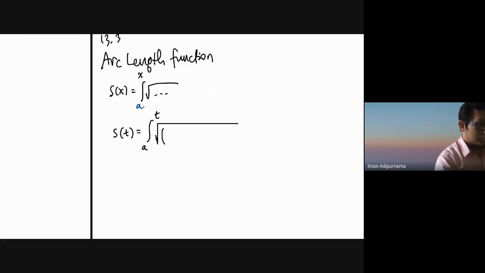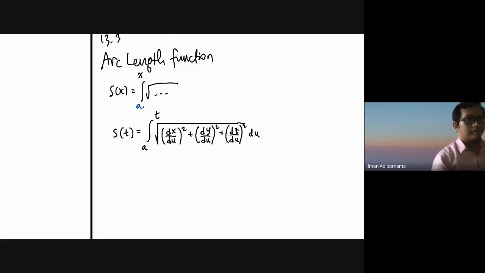Square root of, let me use another variable here, u. If in the first column you have t and x, now you have t and u.